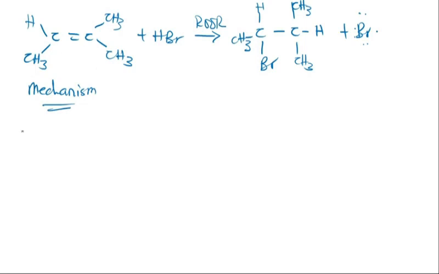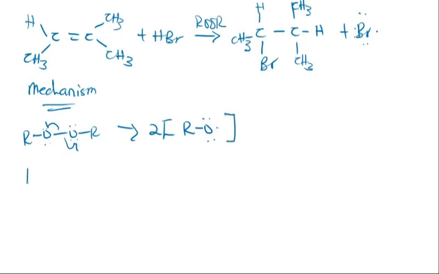In the mechanism, first step, we know that the peroxide will dissociate homolytically to produce alkoxyl radicals. So we have this, and don't forget the two lone pairs on the oxygen.